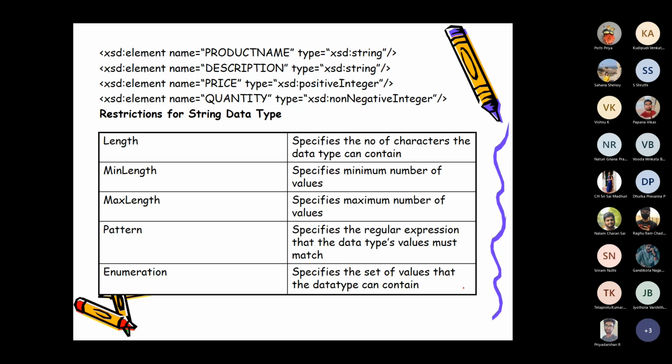Pattern specifies the regular expression that the data type values must match. Okay, you can specify, say, a PIN number, that is also okay. Say some registration number, not your registration number I'm talking about, some other registration number, because your registration number is going to be very rigid.